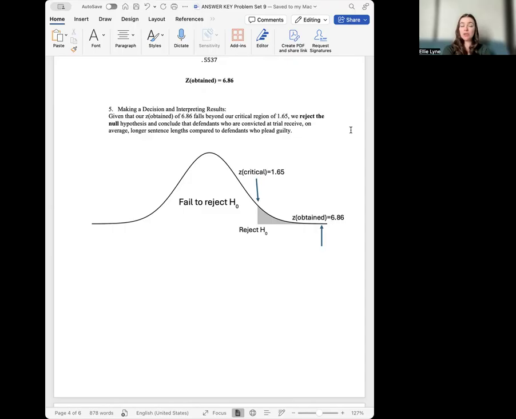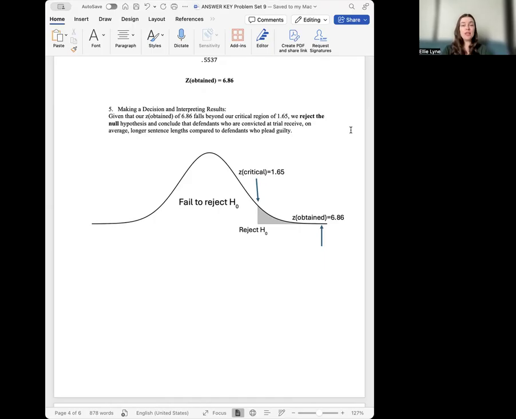So an example interpretation here could be, given that our z obtained of 6.86 falls beyond our critical region of 1.65, we reject the null hypothesis and conclude that defendants who are convicted at trial receive on average, again referencing back to the point that this is about means, on average receive longer sentence lengths compared to defendants who plead guilty. This is actually a studied phenomenon known as the trial tax.